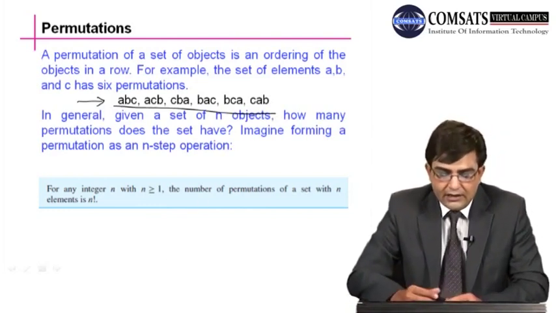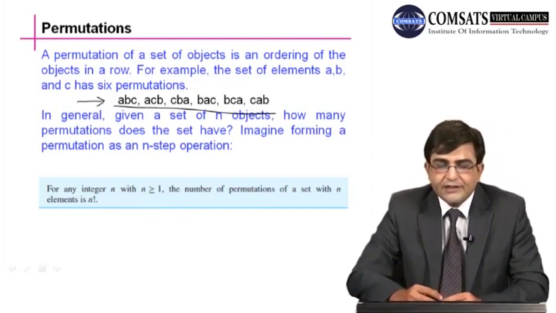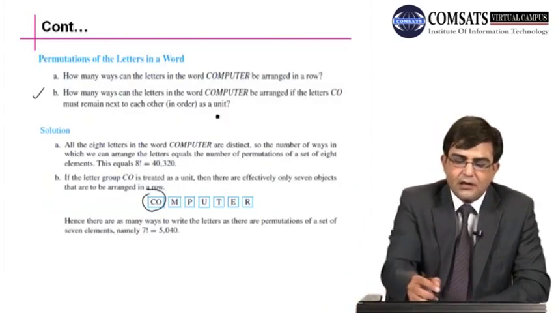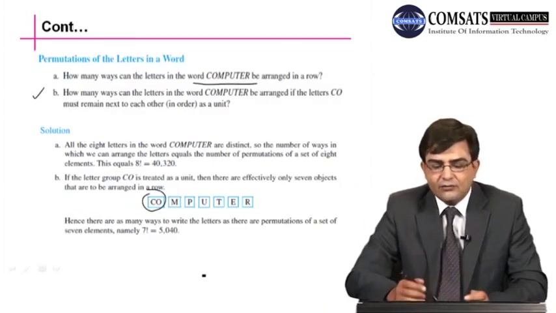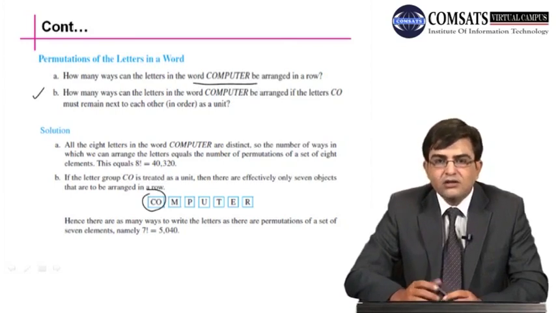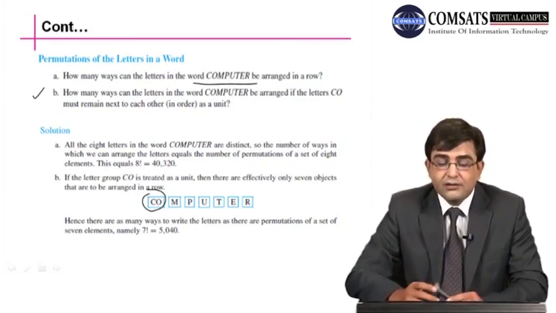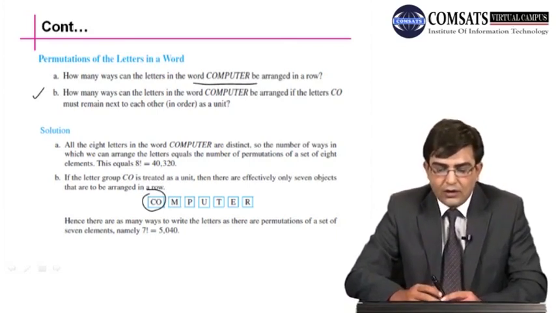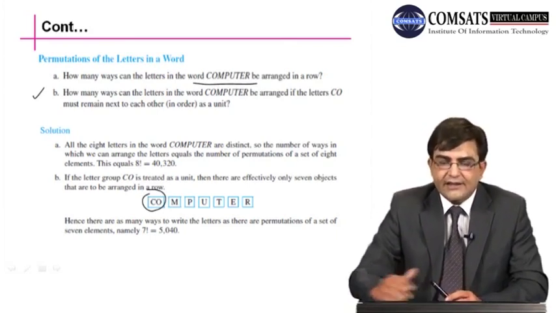We calculated the number of permutations of the elements of the whole set. As in this example, there are 8 letters, and we have to arrange all the 8 letters and calculate the number of permutations, that is, the number of arrangements. How can we write these letters?